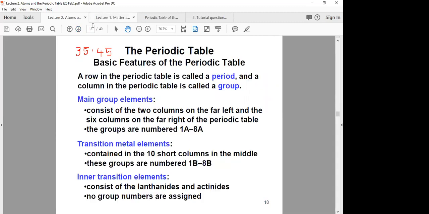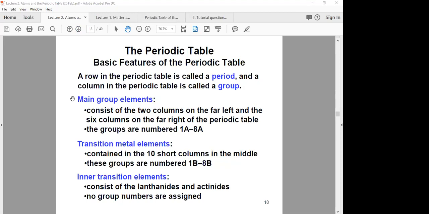All right, let's look at some more features now found on the periodic table. Some more important than others. Okay, firstly, we know that each row in the periodic table is referred to as a period, and each column of elements is called a group.